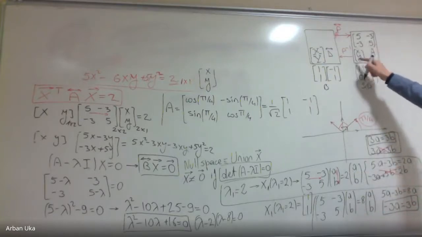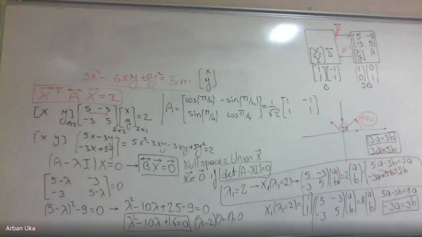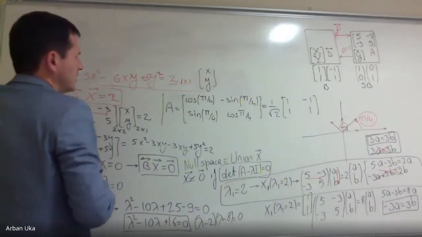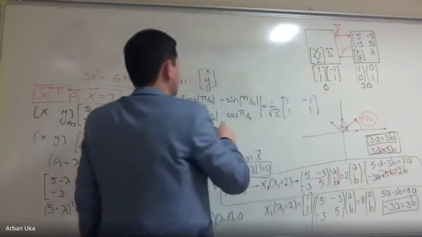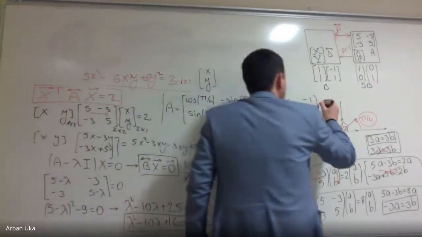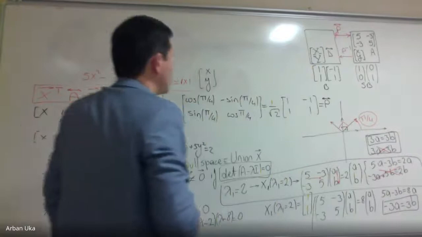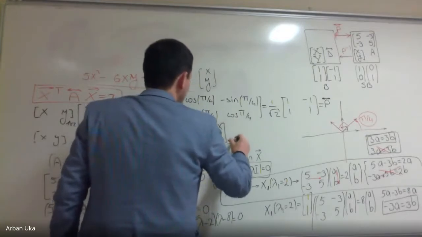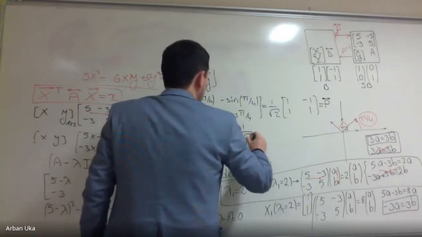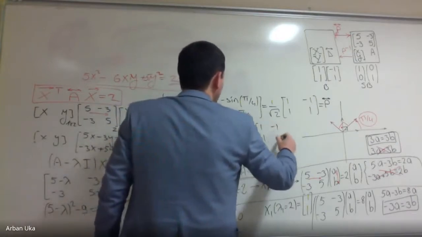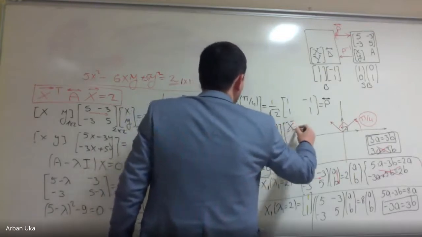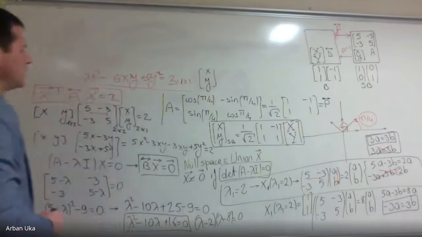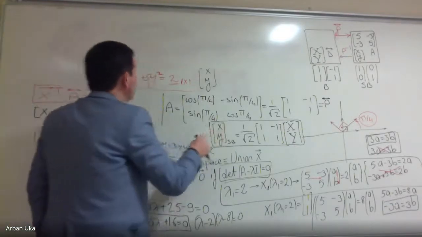Okay. So this is the linear transformation which relates one pair of vectors in one domain with another pair of vectors in another domain. So if this is the case, then x and y in the standard basis is equal to 1 over the square root of 2 times the matrix 1, minus 1, 1, 1 times capital X, capital Y. So if we have a look at this, we are going to write the following.